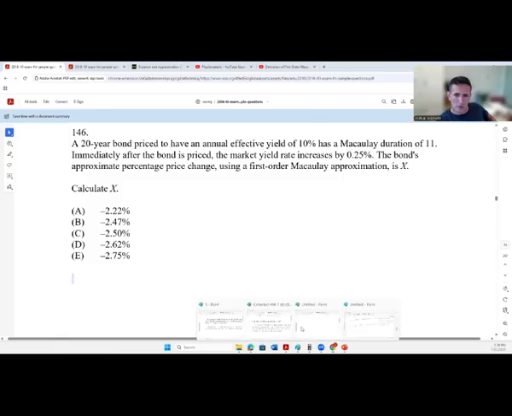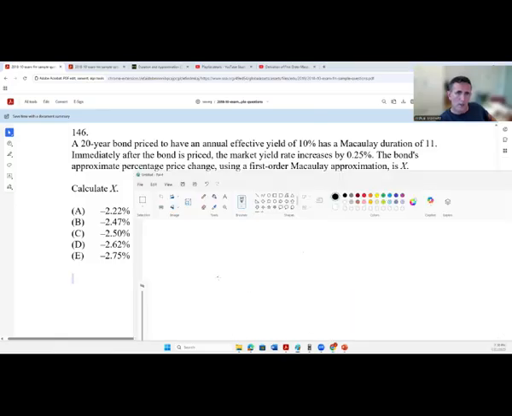Right. So I don't care if it's a bond, 20 years, irrelevant. The answer is simply 1 plus the original interest rate over 1 plus your new interest rate.